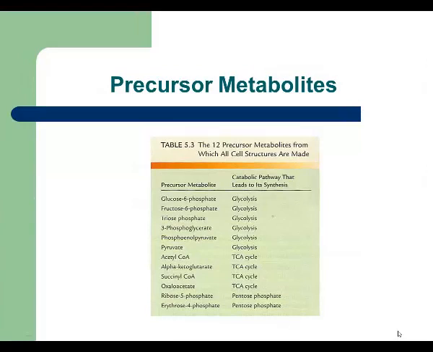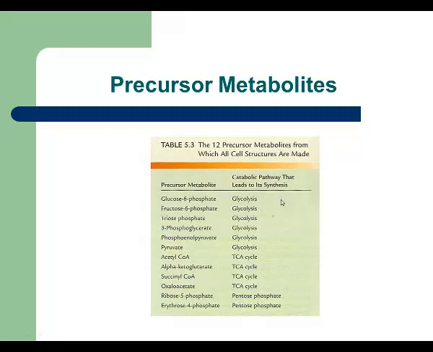This slide shows you that all 12 precursor metabolites will be formed by 3 catabolic pathways. Those are glycolysis, TCA cycle or tricarboxylic acid cycle or Krebs cycle, and the last one is pentose phosphate pathway.